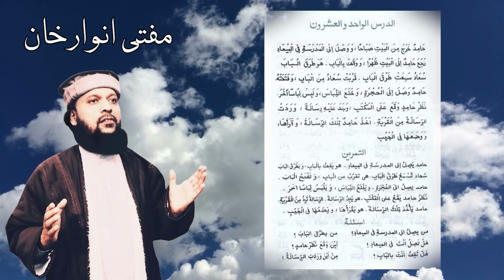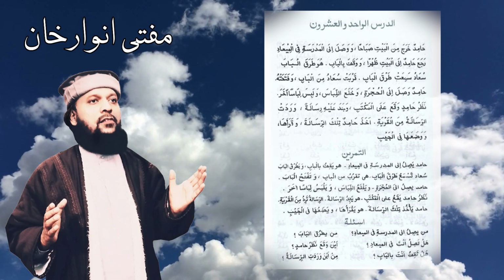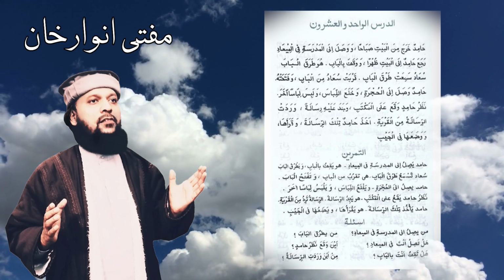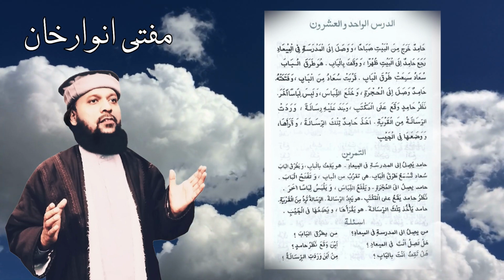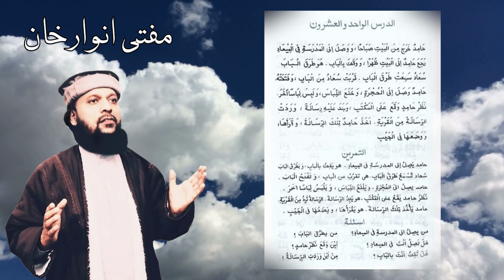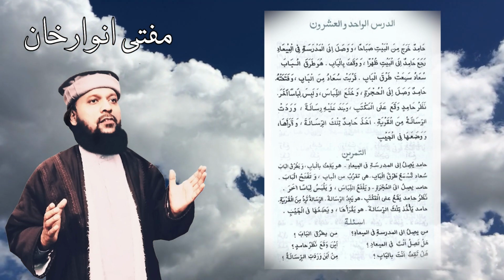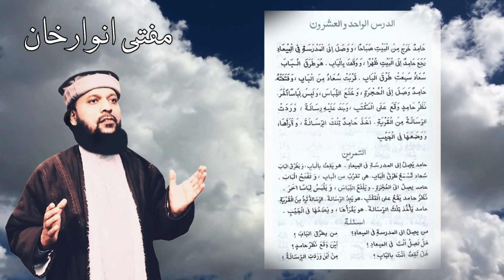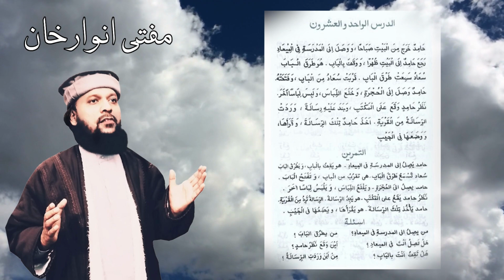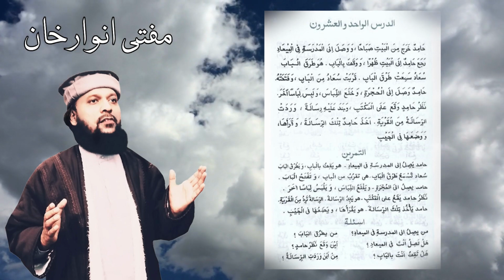So fa'ala has 3 letters, fa, ain and lam. To refer to the first radical, we say this is fa, no matter what verb is there, even though there is no fa. The first letter in the 3 radicals is referred to as fa, the second as ain, and the third as lam.